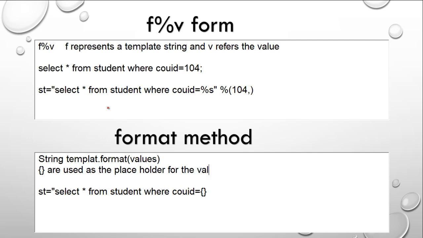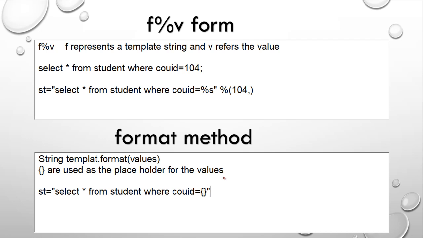Okay, so it means that wherever you want to put any value in the command, just place a curly bracket at that point, because you will see that in this command, select star from student where course ID is equal to, now after that we have to put the value of the course ID which we want to see. So instead of putting that value, I simply write a curly bracket over there, because curly brackets are used as a placeholder for the values in the format method.